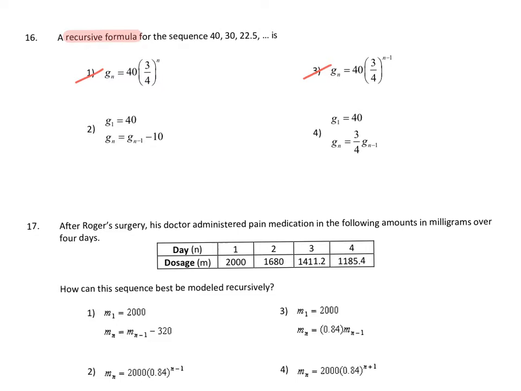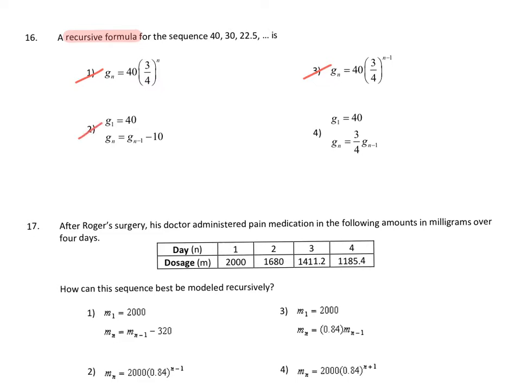All right, so let's look at our sequence. Let's look at our 2 answer choices. We're either subtracting 10 to get from one term to the next, or we're multiplying by 3/4. Now, to get from 40 to 30, you could subtract 10. But to get from 30 down to 22.5, we are not subtracting 10. So choice 2 is not our answer.